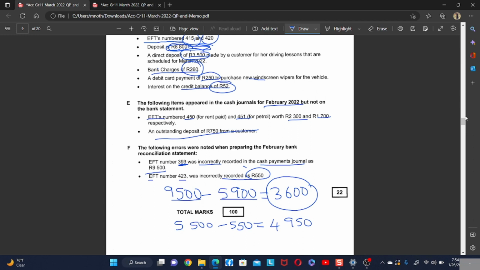So this means that here we paid less. We were supposed to pay 5,500, but we paid this one. So we still need to pay this amount that is left, which is 4,950.